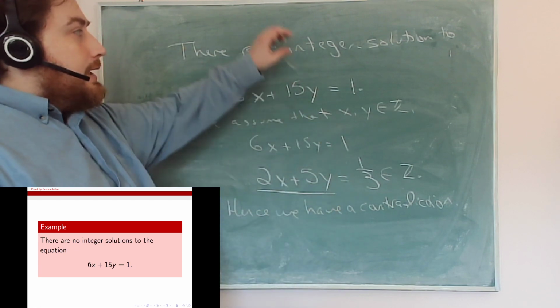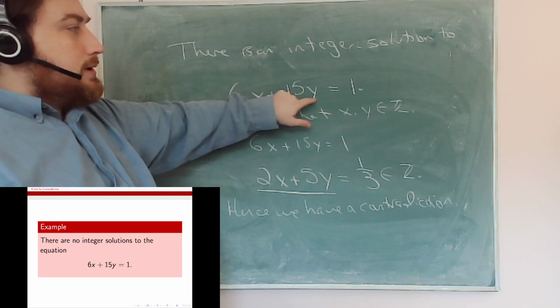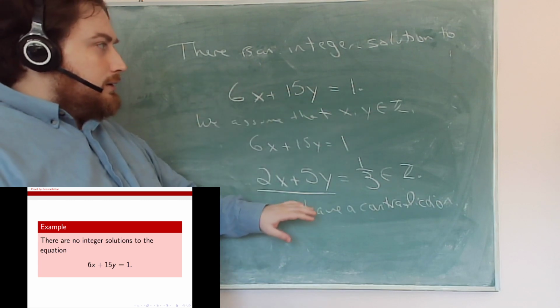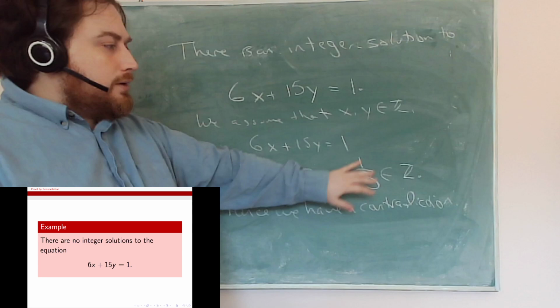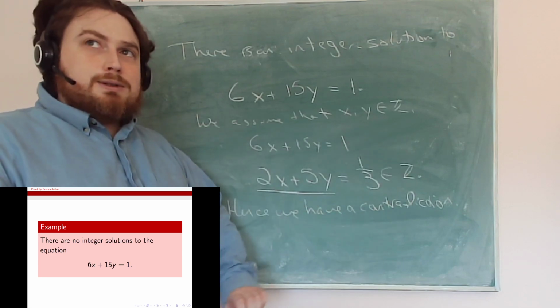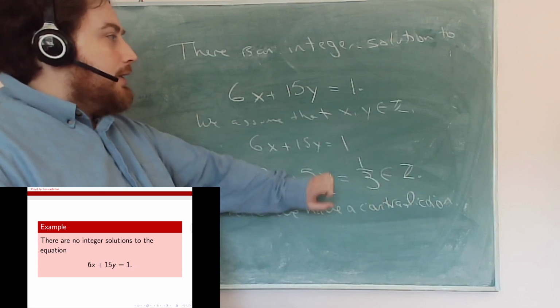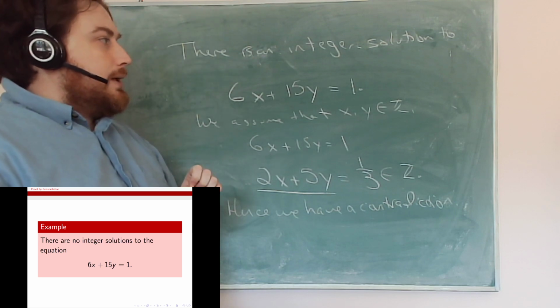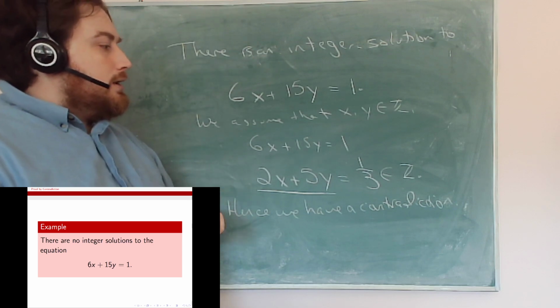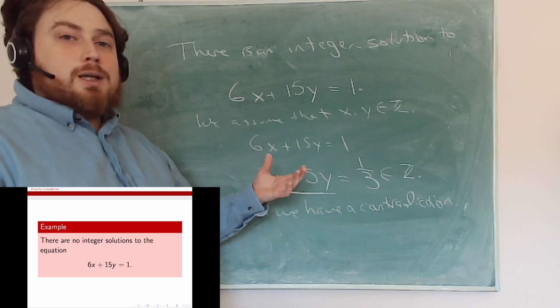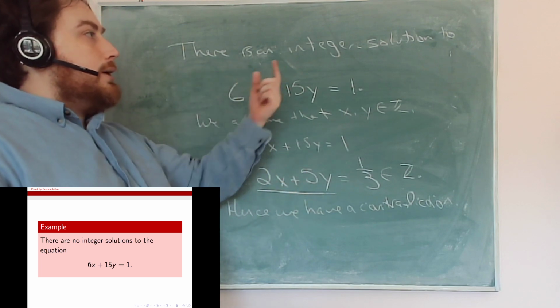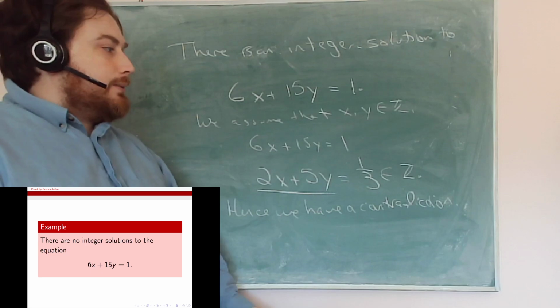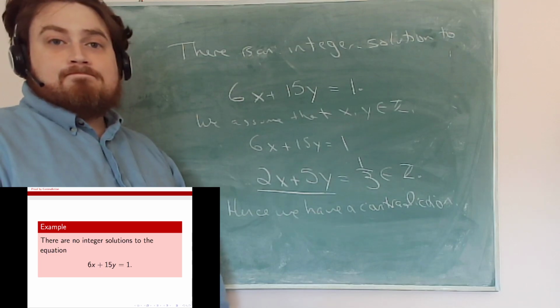Well, what it means is that if there were integer solutions to 6x plus 15y is equal to 1, then 1/3 would have to be an integer. But since 1/3 is not an integer, that means that there are not integer solutions to 6x plus 15y is equal to 1. Therefore, our original statement is true. So there are no integer solutions to 6x plus 15y is equal to 1.